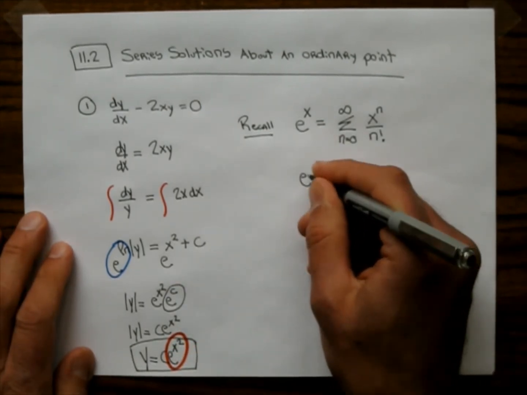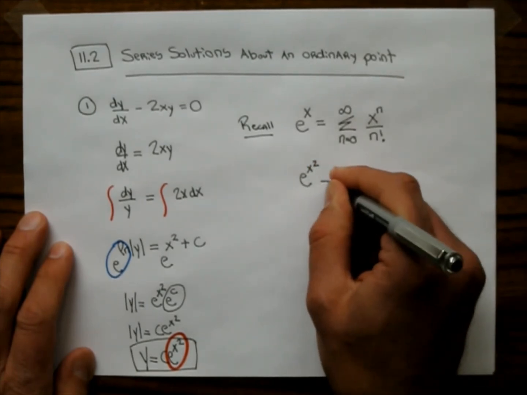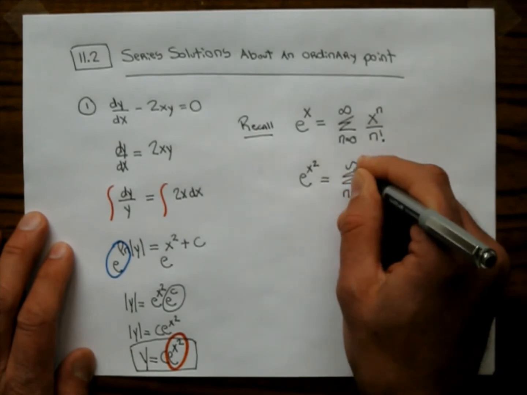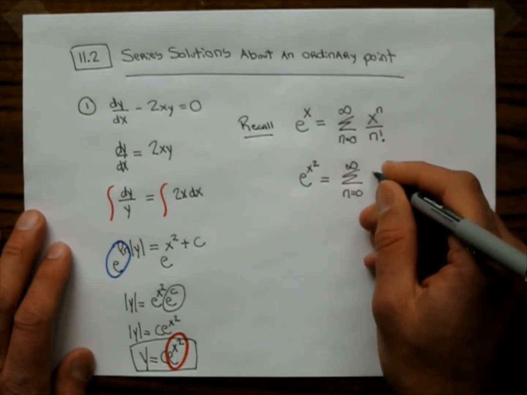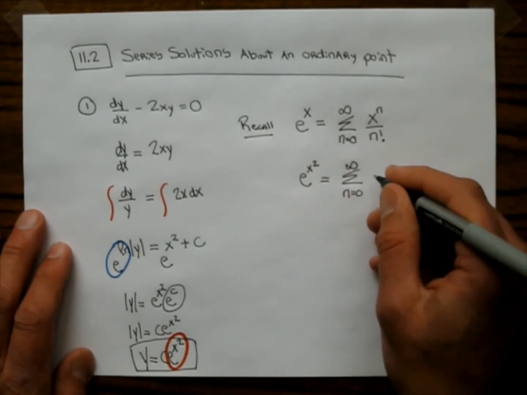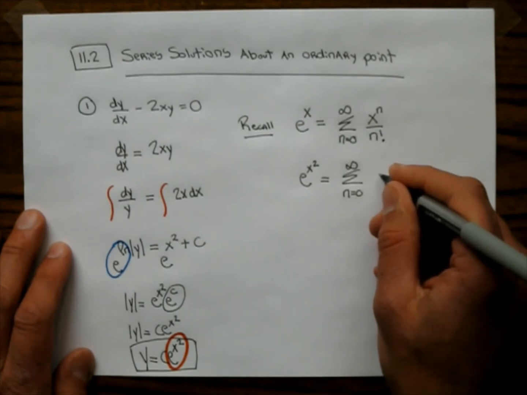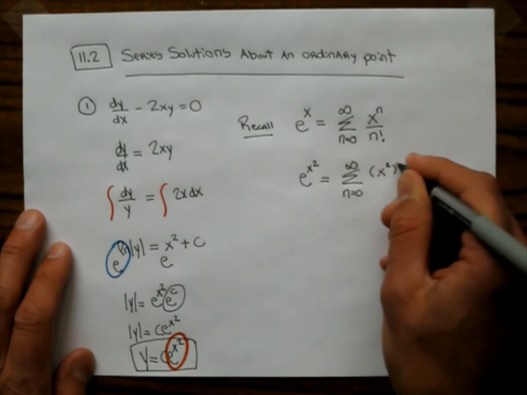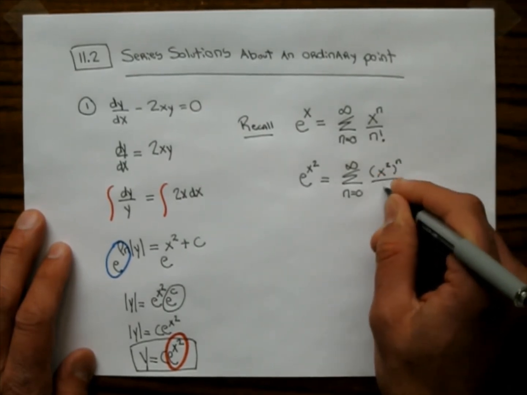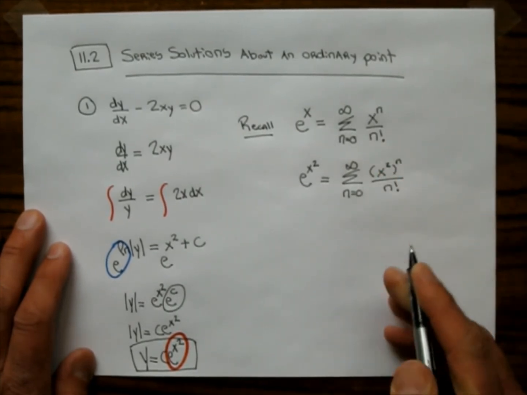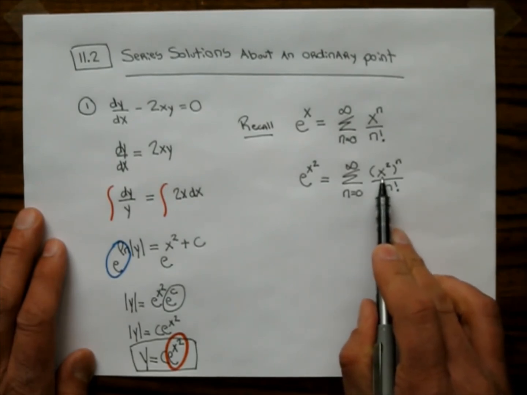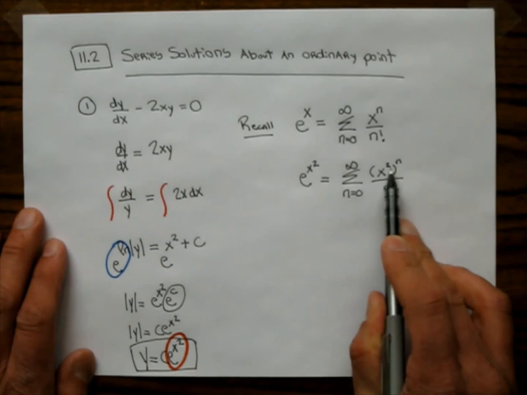So watch this. e to the x squared equals the summation from 0 to infinity of x to the n, but it's going to be x squared to the n, all over n factorial. So that could really just be x to the 2n power, 2 times n.